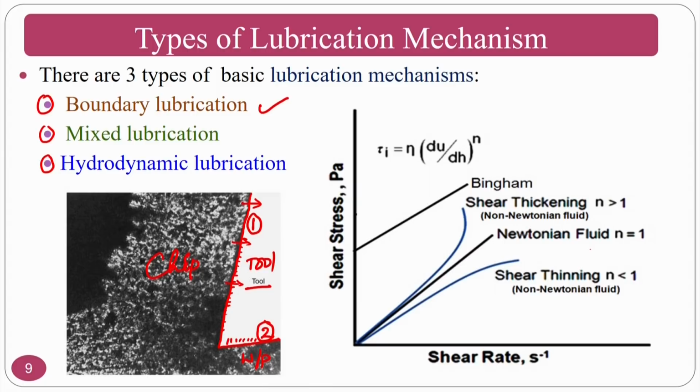Normally for a Newtonian fluid, you will always have a straight line, shear rate versus shear stress, obviously it will be unity type where n equal to 1. If n is less than 1, it is a non-Newtonian fluid having shear thinning nature. What do you mean by shear thinning nature? For example, to understand what is shear thinning, what is shear thickening and all those things, I have to explain you the rheometer.